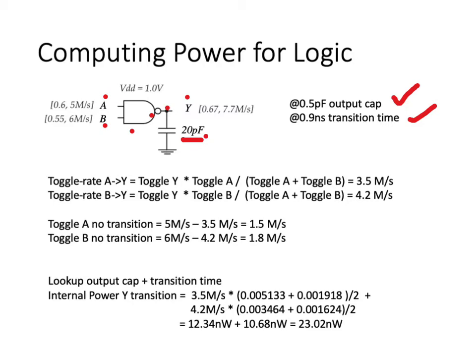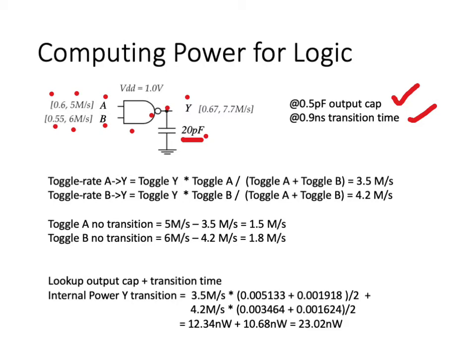The toggle rate of input A is given as 5 million rise and fall transitions per second, and the input net A stays logic high for roughly 60% of the time, whereas for net B, the number of rise and fall transitions is 6 million per second, and the net stays logic high for roughly 55% of the duration of simulation.